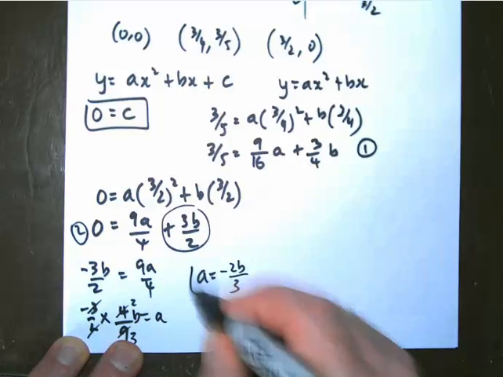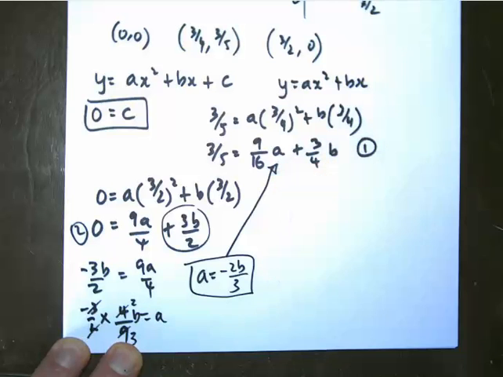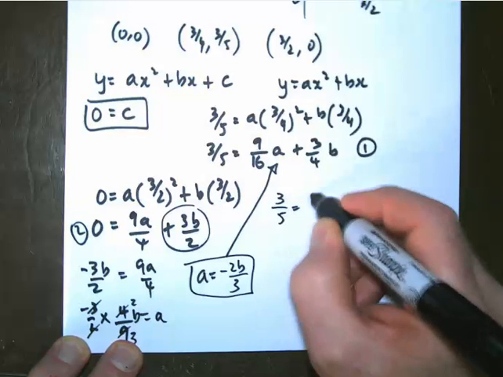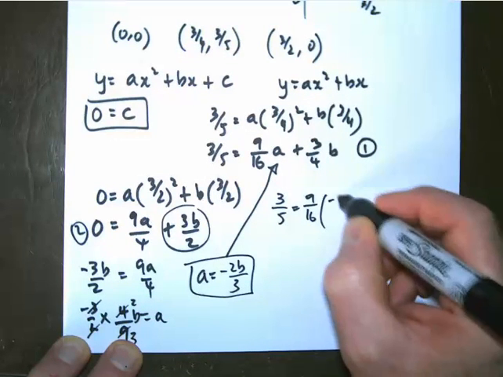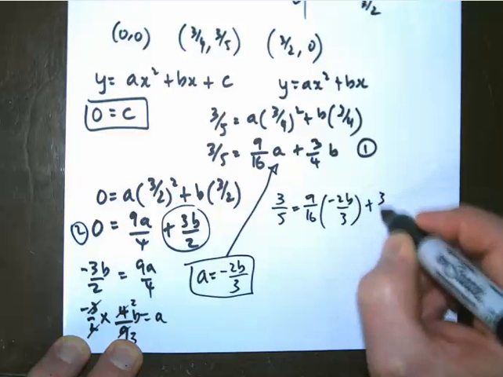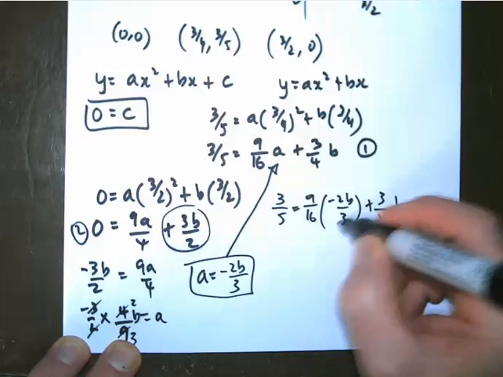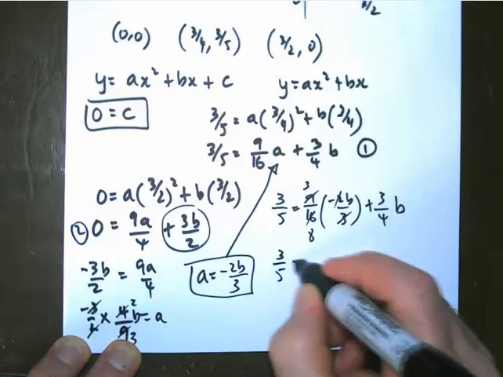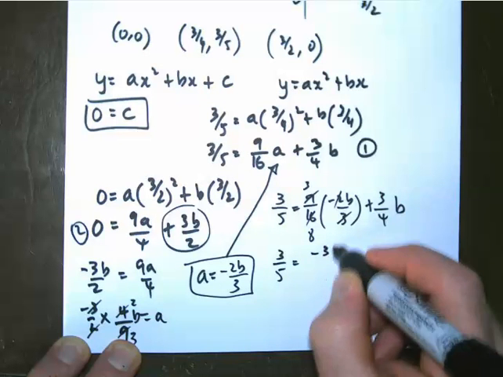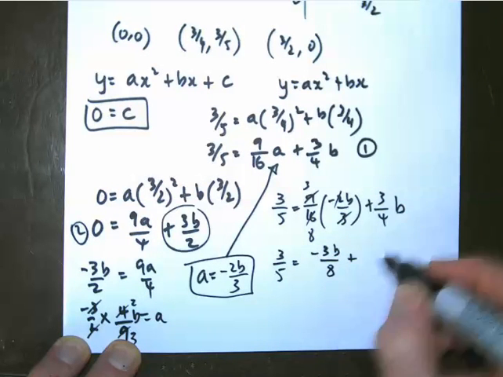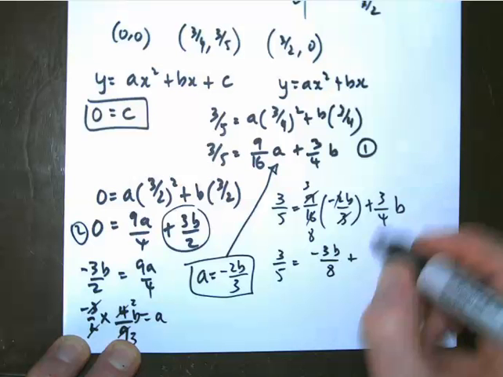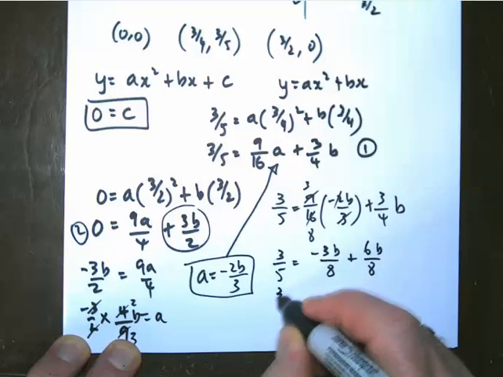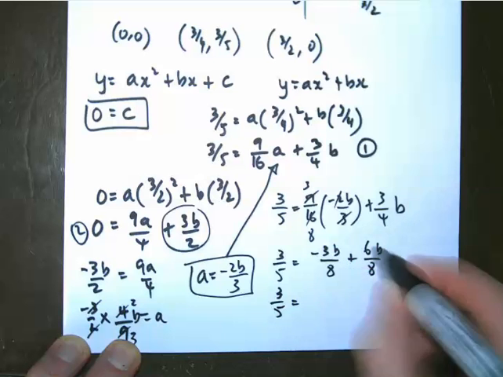So what I'd like to do is substitute into equation 1 that value, which is minus 2b on 3, in preference to a. So equation 1 becomes 3/5 equals 9 on 16 times minus 2b on 3 plus 3 on 4b. 3 goes into 9 3 times, 2 goes into that 8 times. 3/5 equals minus 3b on 8 plus 3/4 b, which is the same as 6b on 8. 3/5 equals minus 3 plus 6 is 3b on 8.